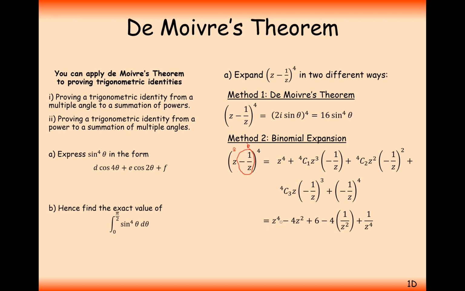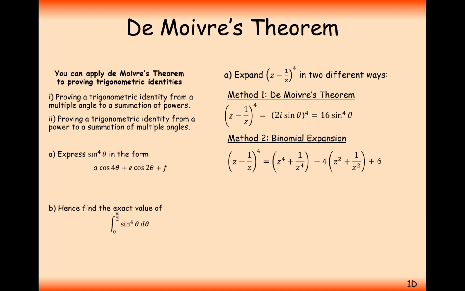Let's now simplify all of this and then group strategically. So the z to the 4's go together. Then it's going to be, in both cases, minus 4 times z squared and 1 over z squared. And in the last case, we just have the 6 on the end. So let's now take this and simplify what we've got.